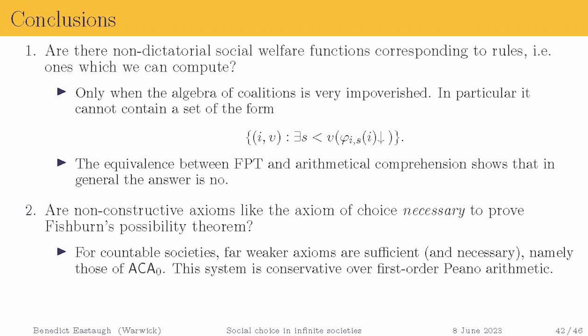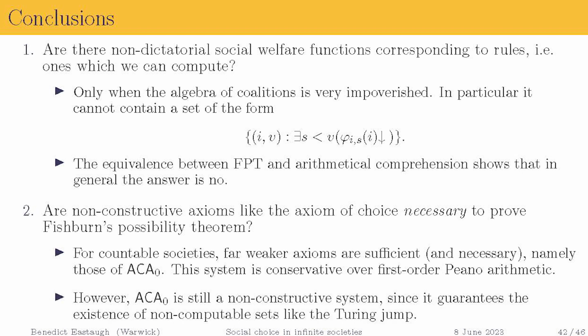It's conservative over first order PA. So at least if we look at some restricted range of scenarios, no, you don't need some incredibly powerful axiom to prove the existence of these things. But nonetheless, it's still non-constructive. It still involves non-computability because it guarantees the existence of non-computable sets like the Turing jump.